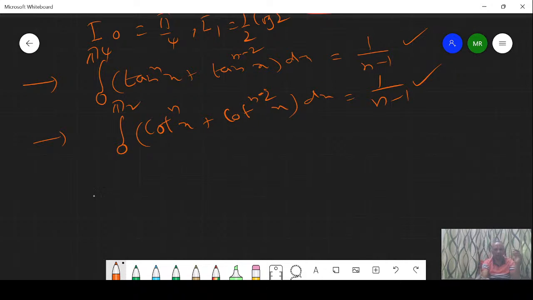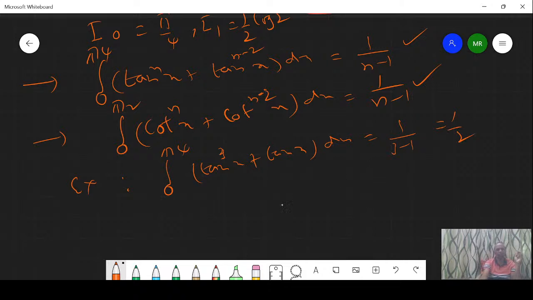Right. Now another one. I can give an example here. Integral 0 to pi by 4, tan cube x plus tan x dx, because 3 minus 2 is 1. They give a problem like this. Your answer, compared with this, n is 3 here, is 1 by 3 minus 1, it will be 1 by 2.